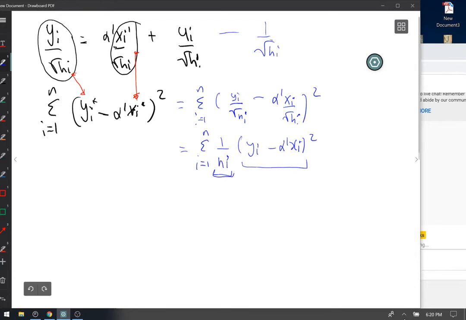So now hi bigger means variance of u bigger, and it's giving less weight. So multiplying both sides of the equation by 1 divided by square root of hi, something that's proportional to the standard deviation, to the variance of ui given x, is the same.